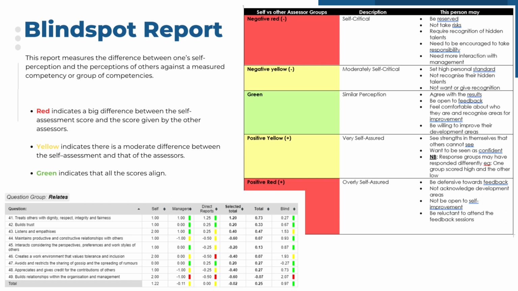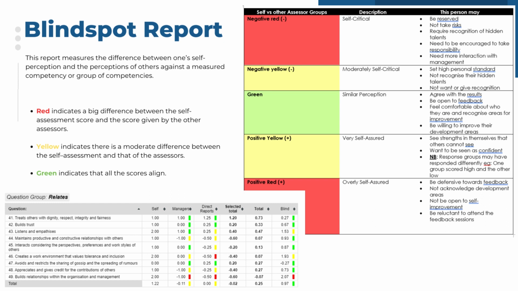Did you see on this particular information that if you got a negative red, it means that the person is more than likely being very self-critical of themselves. A negative yellow is moderately self-critical. When you get a green, they have a similar perception. Just to reiterate, this is the self versus everyone else as an average.